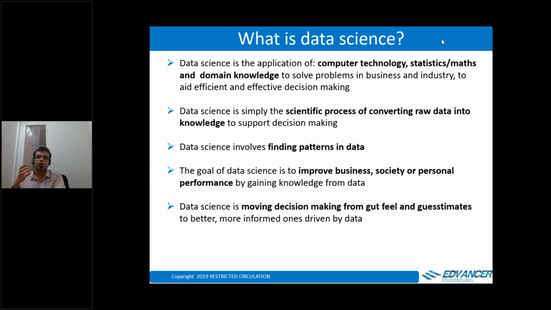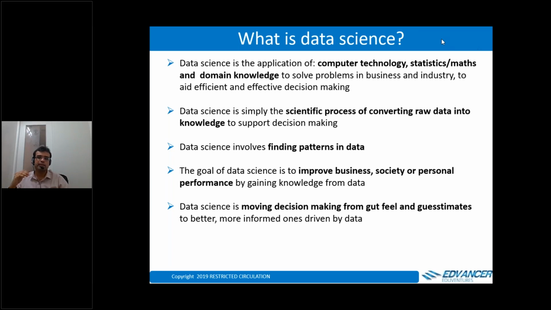It is to solve problems in business and industry. Today, businesses and industries face a lot of problems across any of their verticals, be it marketing, sales, supply chain, finance, HR. There are a lot of problems to be solved, and those problems can be solved by the analysis of data.